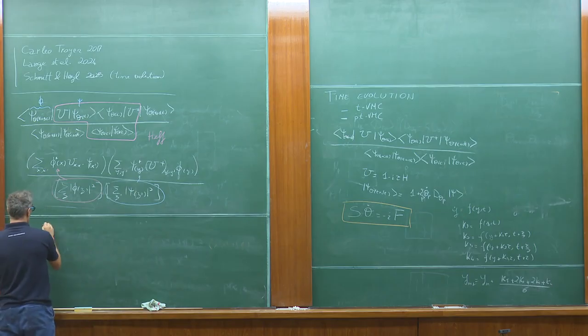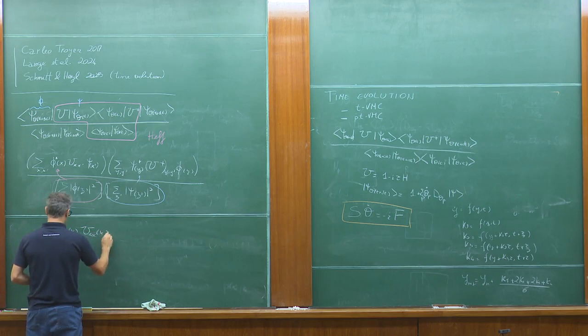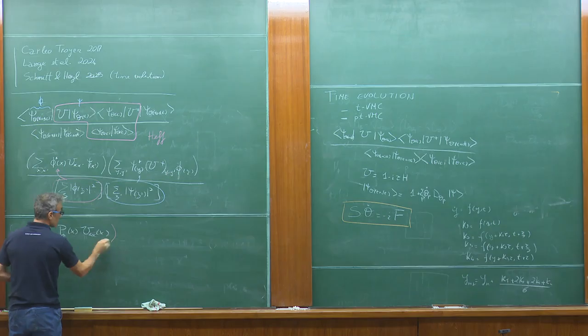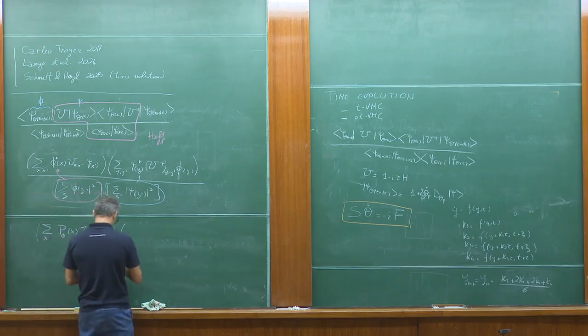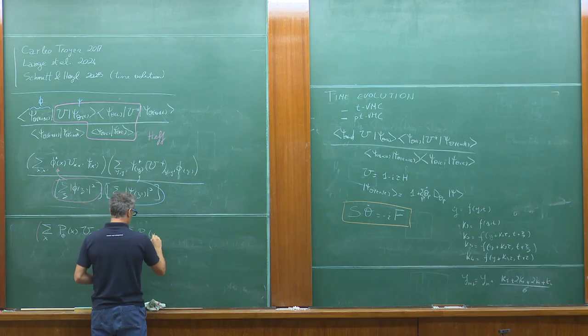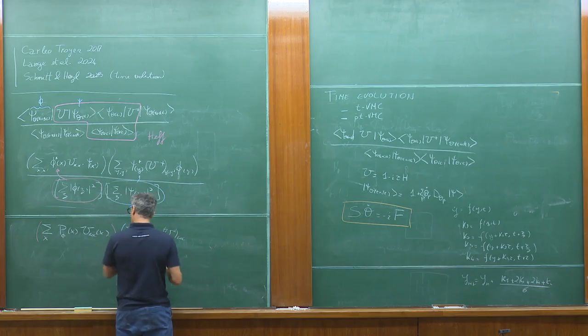And so I can write the sum over x of the probability phi of x times some u log of x. This is what comes from the red part. And then from the blue, I have a sum over y of the probability psi of y and some u dagger log of y.